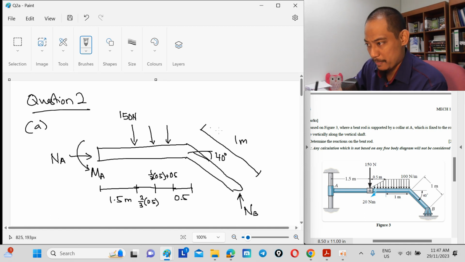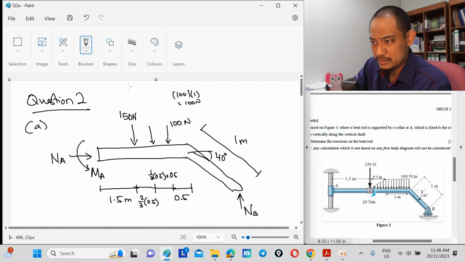Okay, distributed loading. 100 Newton. So for the rectangle it is 100 Newton per meter. Okay, so I'll calculate here. 100 Newton per meter times 1 meter becomes 100, right? So this is 100 Newton.